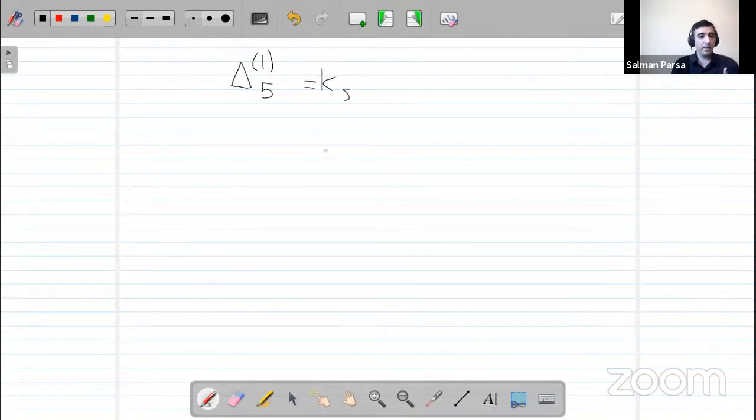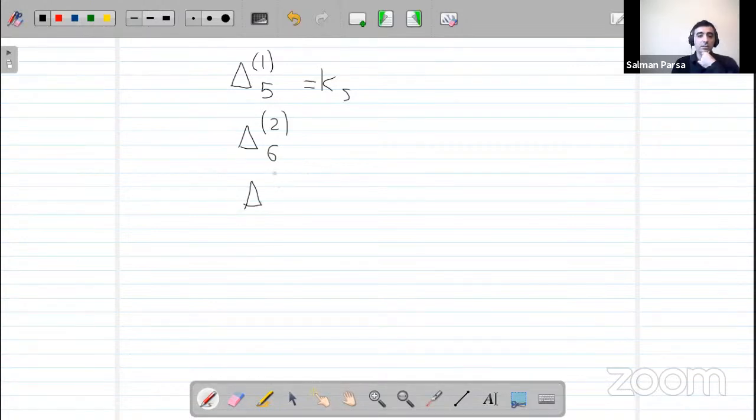Now, if you want to find two complexes that do not embed into R4, we can try to extend this construction. So let's take the 2 skeleton of a simplex with 6 vertices. This guy actually embeds in R to the 4.